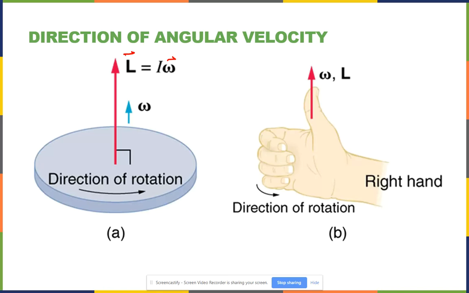But they're all moving in the same plane. In this case, I'm rotating and everything is moving in the horizontal plane. So the direction that we assign for rotation is the direction that is normal to that plane in which everything is rotating. So since everything's rotating in the horizontal direction, what direction is normal to horizontal?